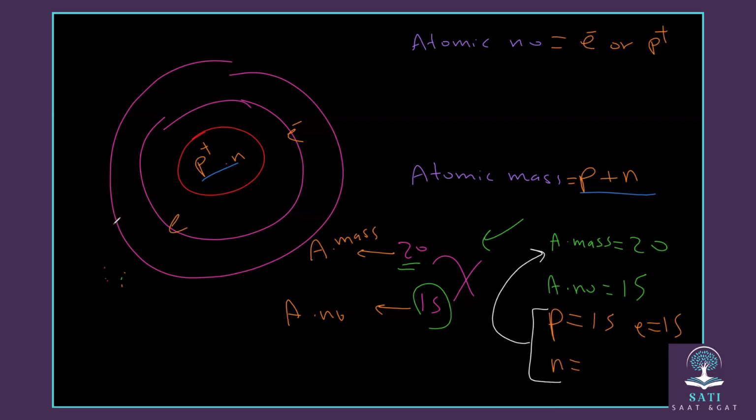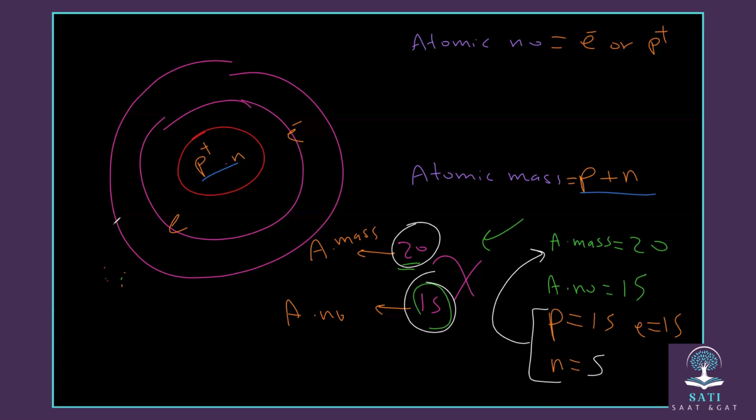The atomic mass. The atomic mass now is 20 and the number of protons is 15. So what is left of 20? What is left is the number of neutrons. So the number of neutrons is what? 5. Or to find the number of neutrons, you subtract the number that is up, which is atomic mass, minus atomic number, and here you get the number of neutrons.